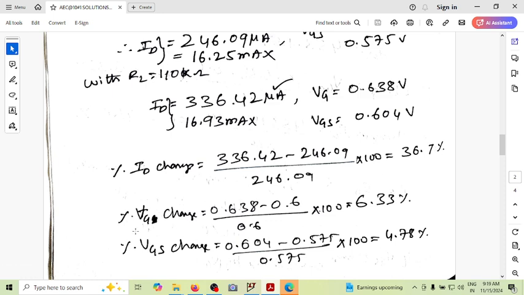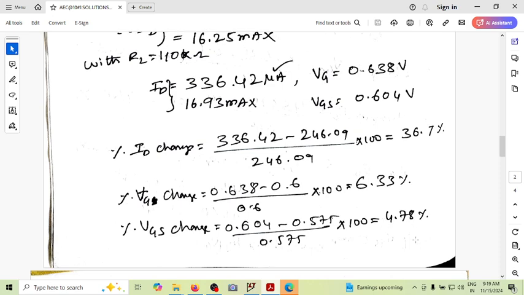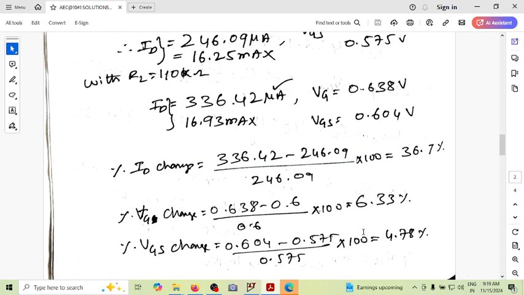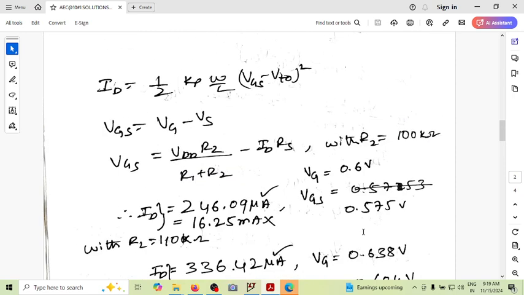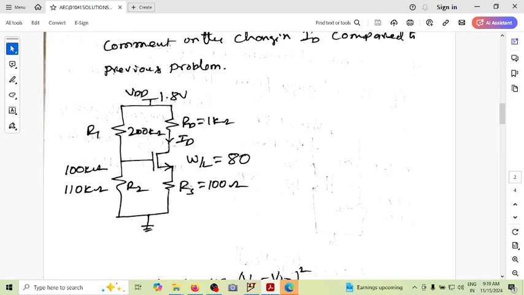What is the percentage change in VG? The percentage change in VG is 6.33% as it was earlier. But you can see the percentage change in VGS has reduced. Now, the summary of this entire analysis is, the moment you have this RS, the source degeneration, as in the previous case, the value of R2 is changing by 10%.